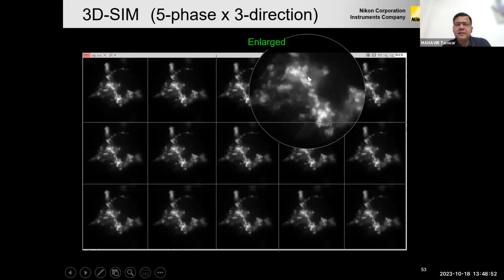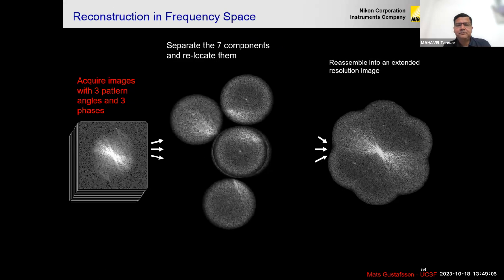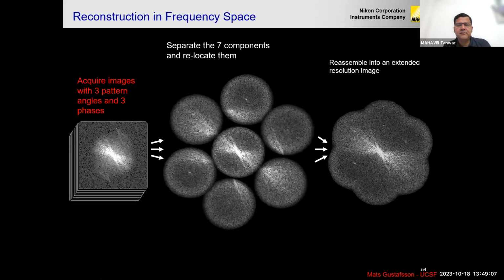If you see these kinds of patterns, we will see them when we are capturing. This is the 3D image, meaning 3D information is there. So this is 5 images and 3 rotations, 15 images. And this is relocation by the software. The middle one is conventional, and all around it is high frequency information.